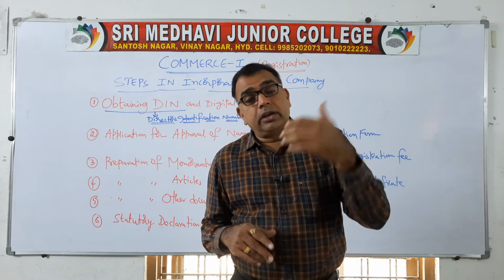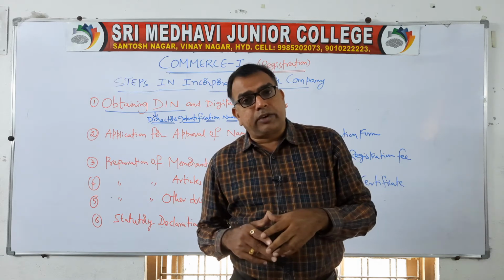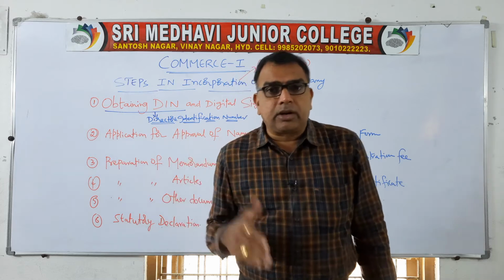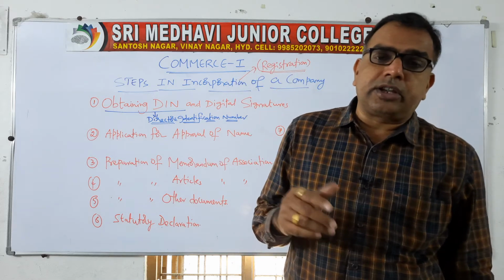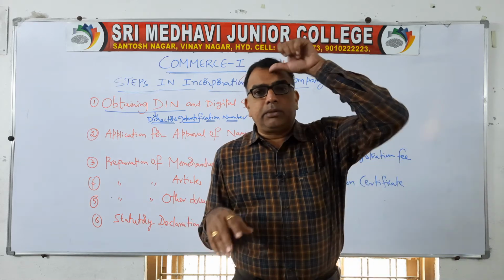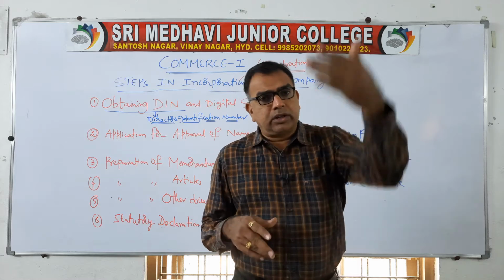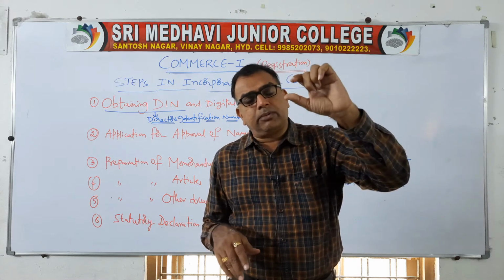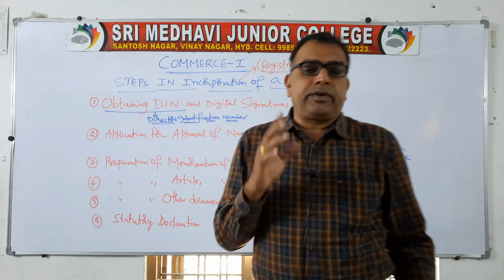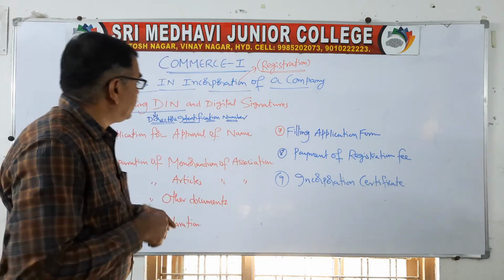So that is the reason initially what we have to do is, first of all, obtain the director's identification number, because there will be a certain number of directors. The other day we have discussed it. In a private company, minimum 2, maximum no limit. In a public company, minimum 3, maximum 20 are the number of directors. So who are the directors? Their number, some serial number will be there, and their digital signatures we have to take first.